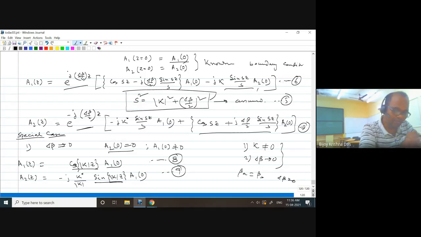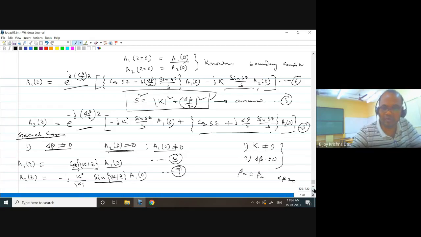Right? Now we consider the other situation. I consider delta beta 0, maintaining that, and I consider waveguide 2 was 0 and waveguide 1 was non-zero. Now if I consider the reverse situation, what would it be?